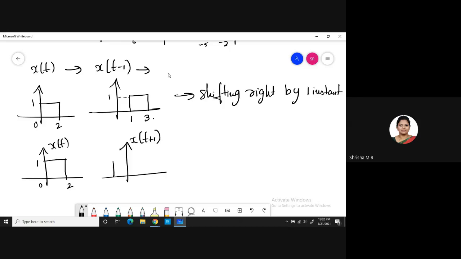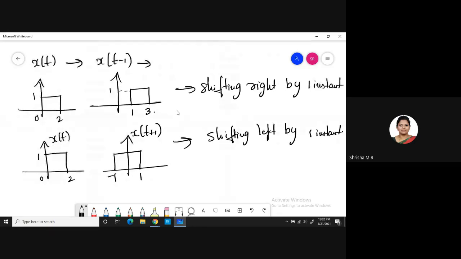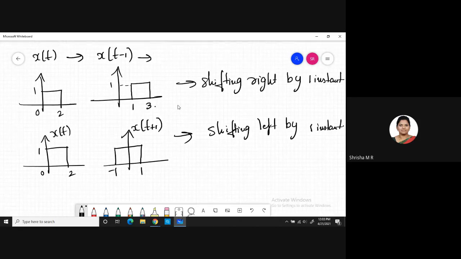So it's occurring 1 second earlier, correct? So it will be -1 to plus 1. So if you have k positive, your waveform will be shifting left by 1 instant. Clear? Are you following? I'm going slow because you have to understand. Clear, everyone?